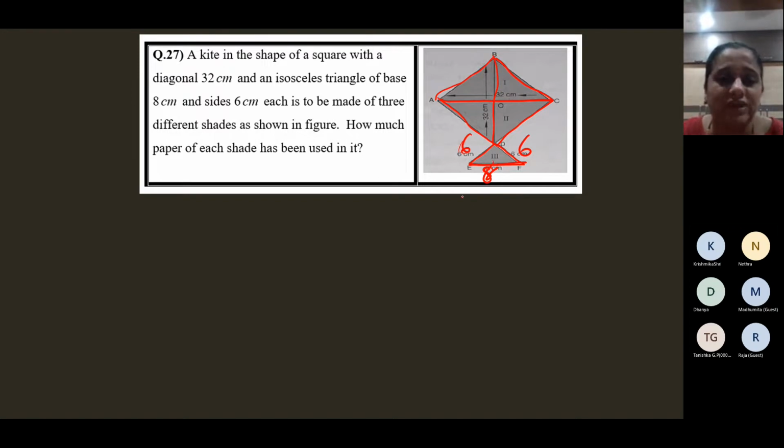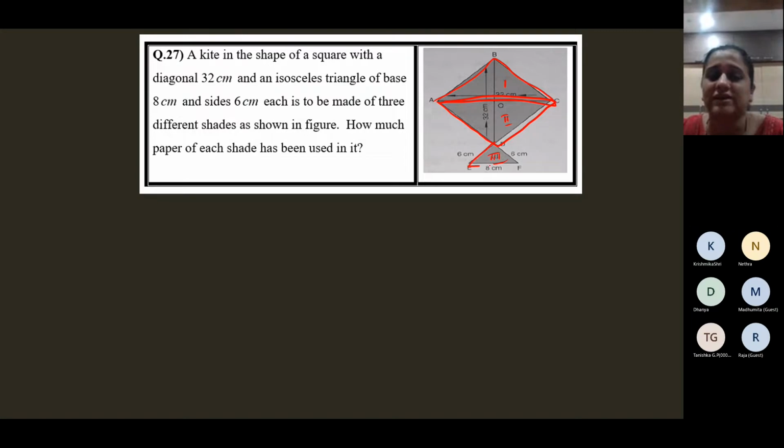The kite is to be made of 3 different shades as shown in the figure. You can see it marked here, 1, 2, and 3. These are 3 different regions of 3 different shades. Region 1 is triangle ABC. Region 2 is triangle ADC.